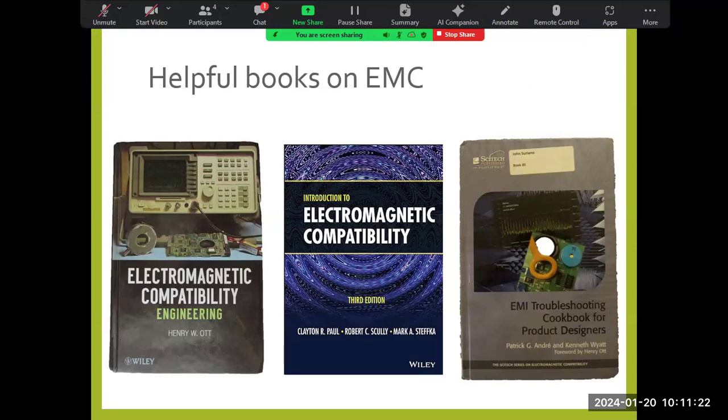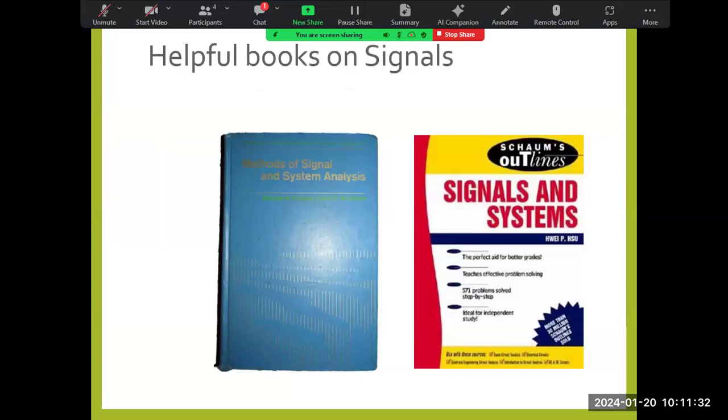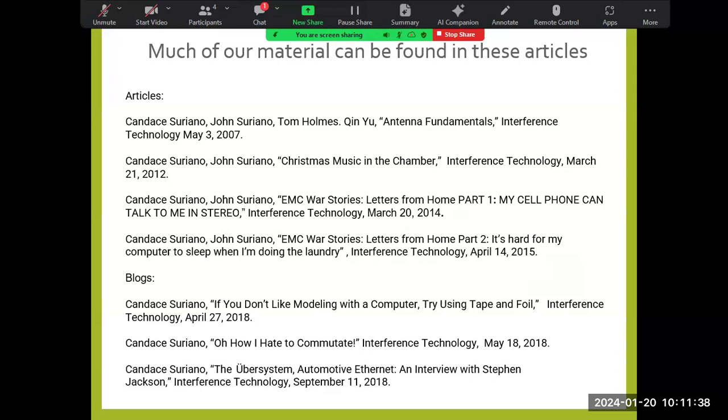This is the most used EMC textbook, Introduction to Electromagnetic Compatibility, and Mark comes next. Here's some good books on signals, McGillow and Cooper, and I love Sean's outlines. Here's where you can find a lot of this stuff done.